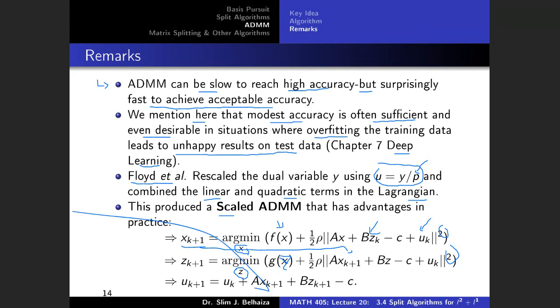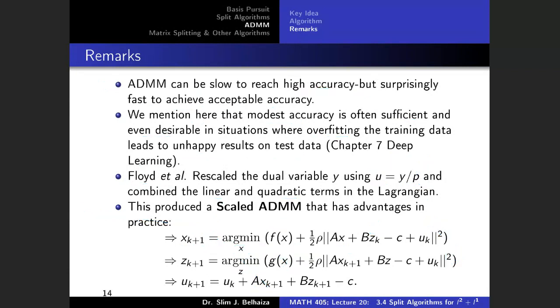You see now this last part, where you have to find the use of the y's, is much more simple, because now you've used the square of the error here. Now you can just write u_{k+1} as u_k plus Ax_{k+1} plus Bz_{k+1} minus c.